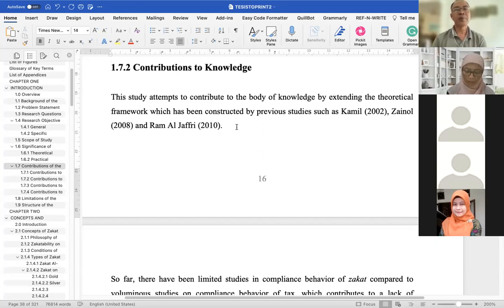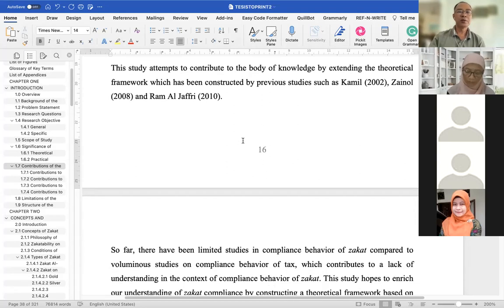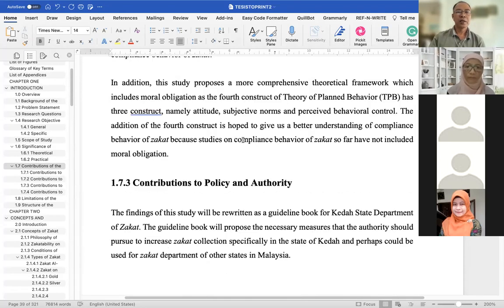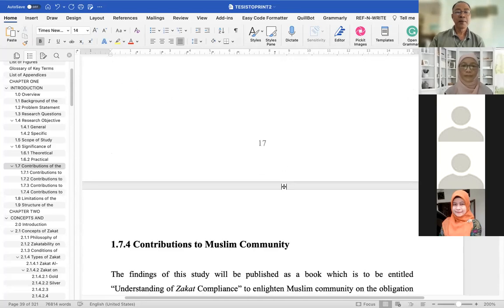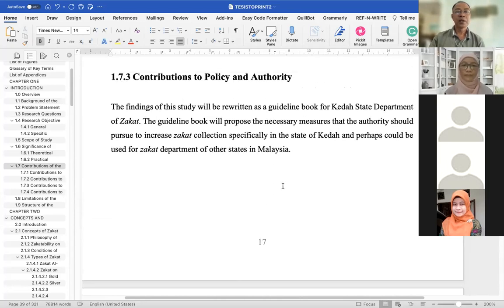So there are contributions to knowledge, and then contributions to policy and authority. You can write more about contributions to policy and authority.